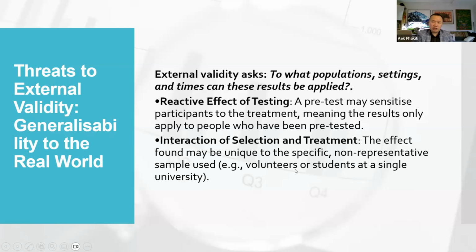Then there is the interaction of selection and treatment. It could be some unique features, for example, volunteers or students at a single university. This definitely is a factor. And I think Hiromi mentioned, do we need random selection? In an experiment we don't, but it will play an important role in the conclusion.